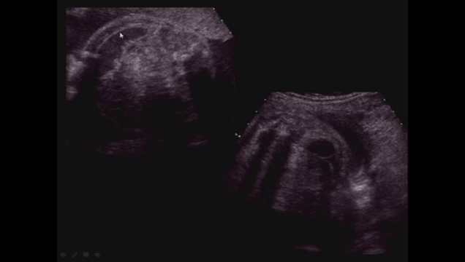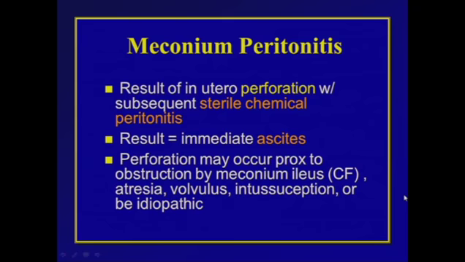In this instance, again, another look at that single loop of bowel, which is distended and not peristalsing well. When we look closely, we can see there's a little tiny bit of fluid outlining the outside of the loop in this patient. Once we see fluid in association with a bowel obstruction, we can now consider that we've got the situation of meconium peritonitis.